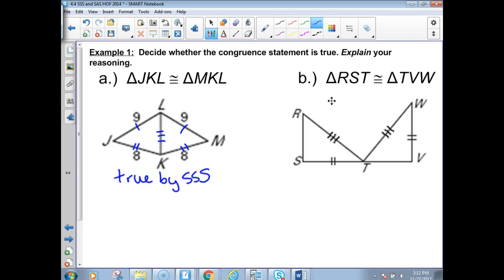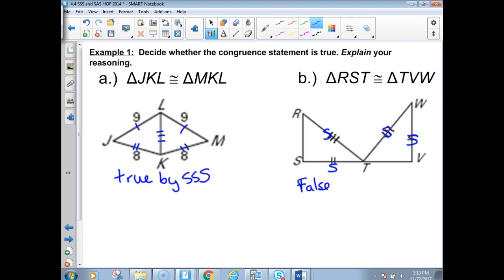But look at the second one. I got a pair of sides. I have those two sides are congruent to one another. These sides are congruent. Do I have anything else? So I've got SS, and that's not a theorem. So you don't know for sure that this piece would be equal to that piece, even though it might look like it. This is not enough information. So this would be false.